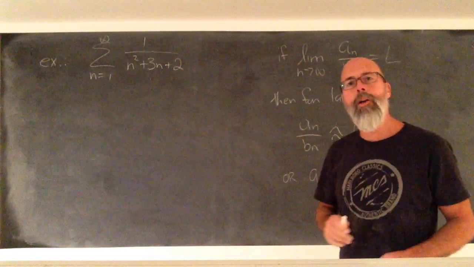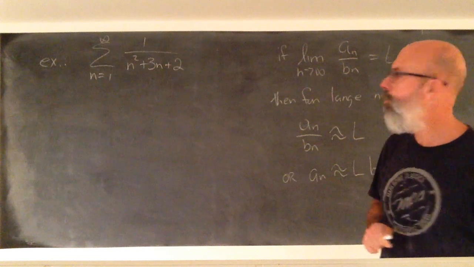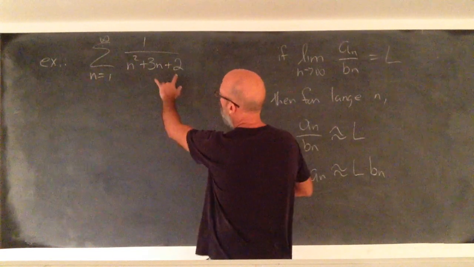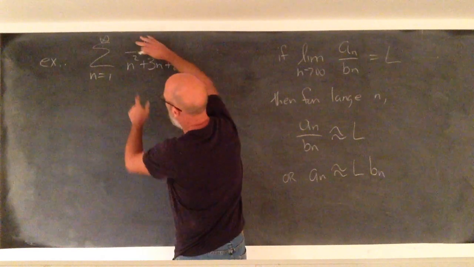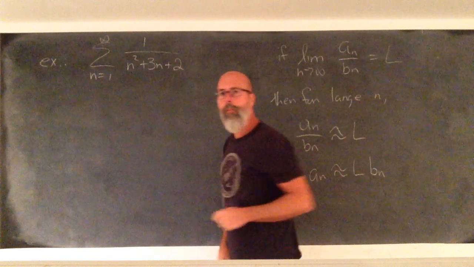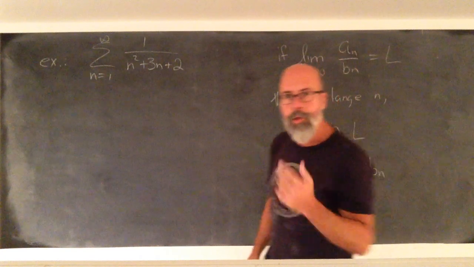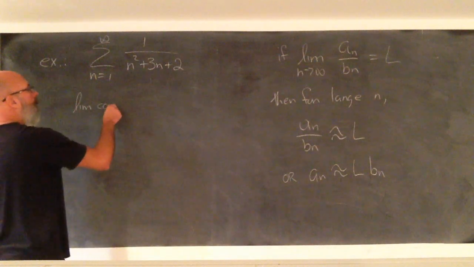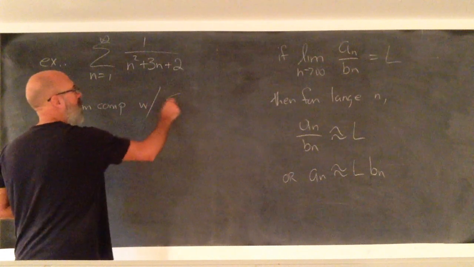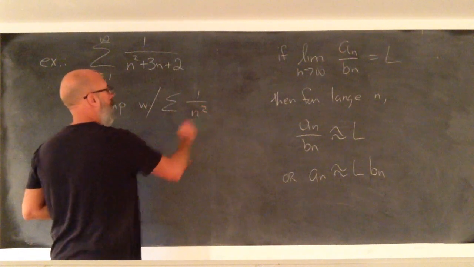In the limit comparison test, we don't need to do that. Here, if we just look at the denominator, the dominating term is n squared. So we're going to do a limit comparison with the series 1 over n squared.